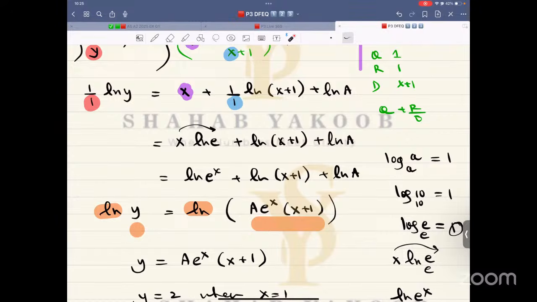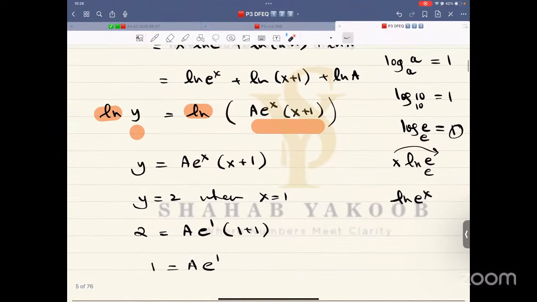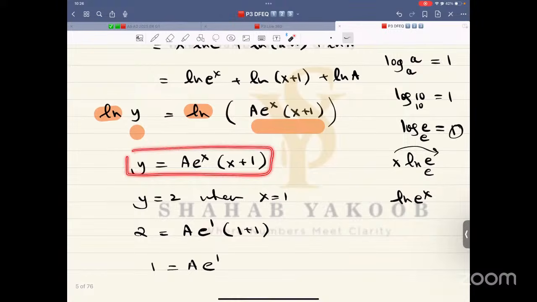So now what I have done is that since ln is base e, I have written this x as x ln e, which can be written as ln e power x. So positive, positive, positive. So e^x, (x plus 1) into a, they all multiply like this, and this is ln of y. So now y is equal to a e^x (x plus 1).